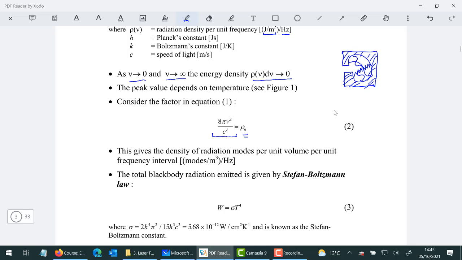Each of these standing waves is like a degree of freedom for an oscillation inside that cavity. And the density, the number per cubic meter of these modes for each frequency in hertz, is given by this number here.